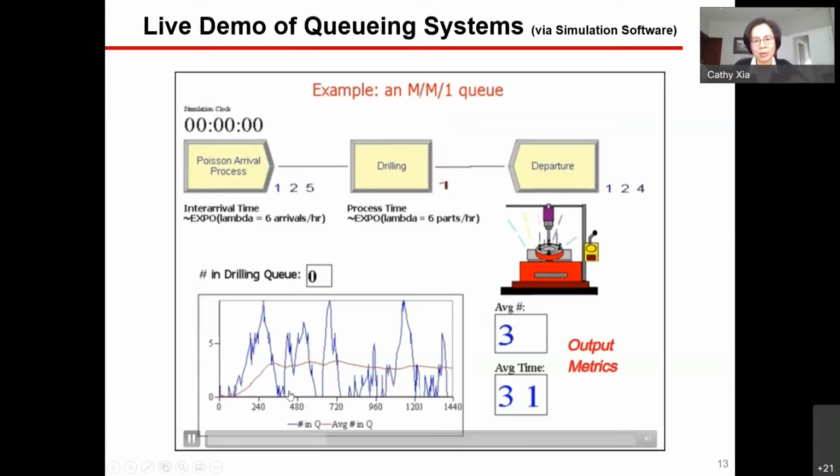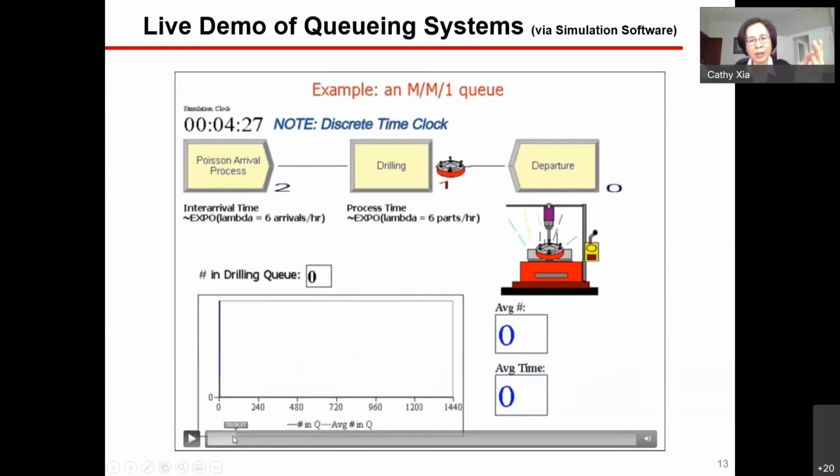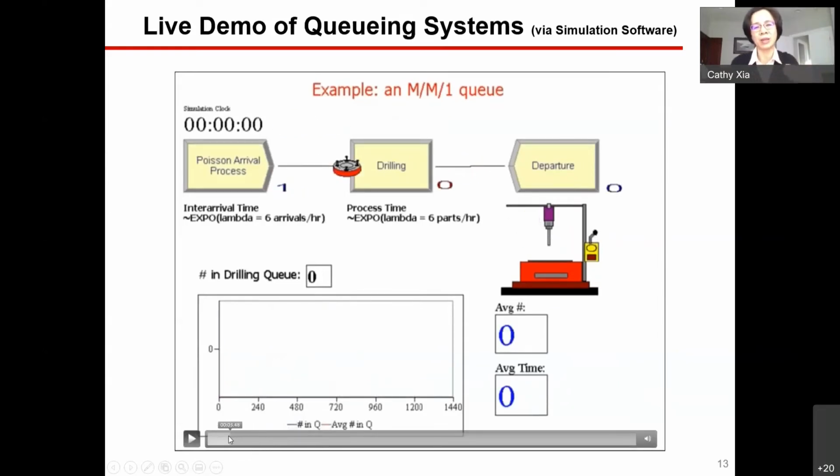We're going to have the students observe what's going on here, and we also plot on the chart the average queue length and the average waiting time, etc. Basically, we can have students watch the system in slow motion and observe how the clock advances, and why we can simulate the system quickly.